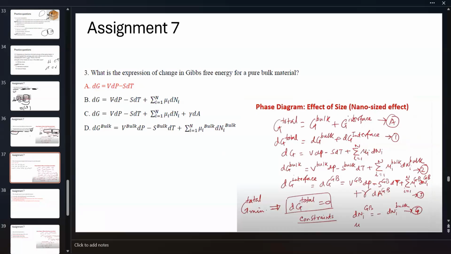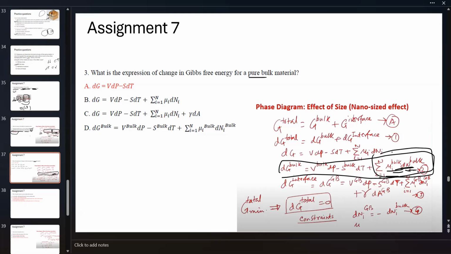What is the expression for change in Gibbs free energy for pure bulk material? Again, the same equation, but for pure bulk. For pure one, you don't have different material, so I is one.